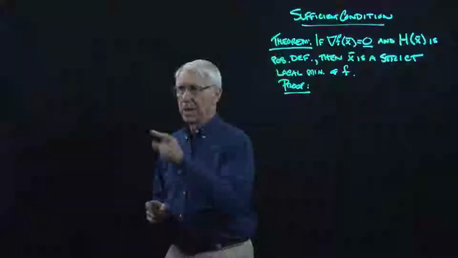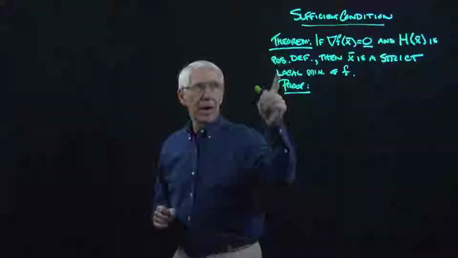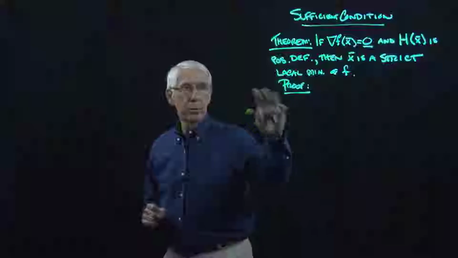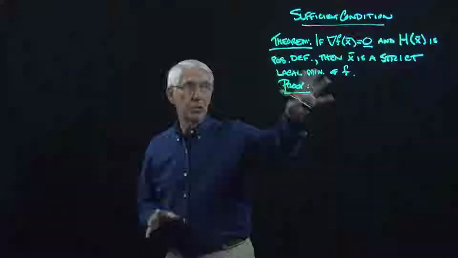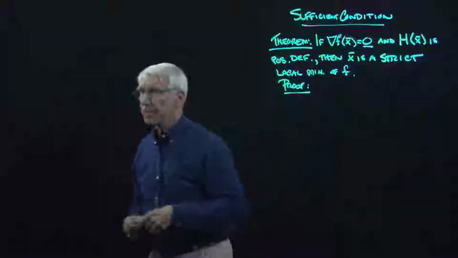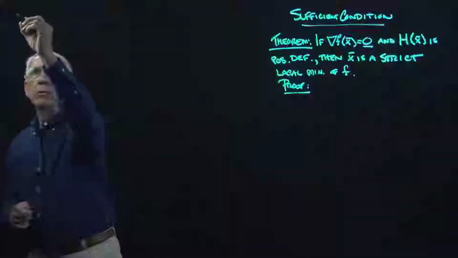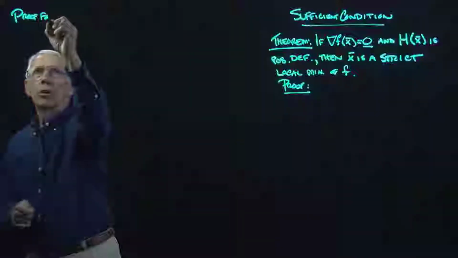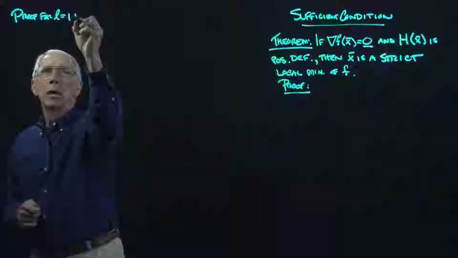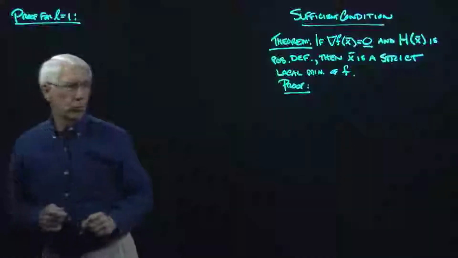Okay, we've got some space now to give our L equals 1 proof, and after we do that, we'll come back and give the analogous proof for the general case. So over here we will do the proof for L equals 1.